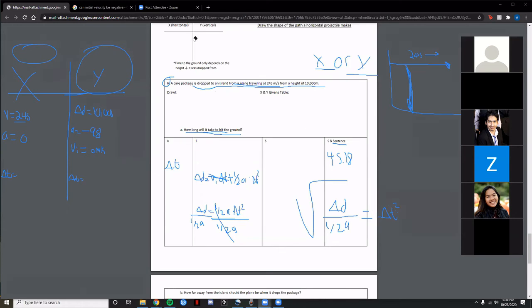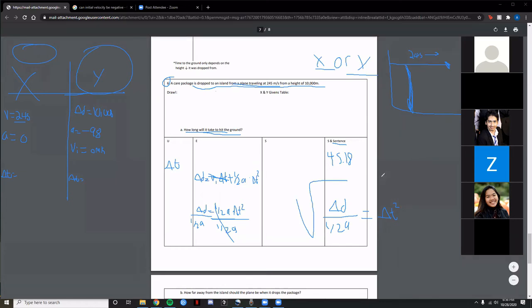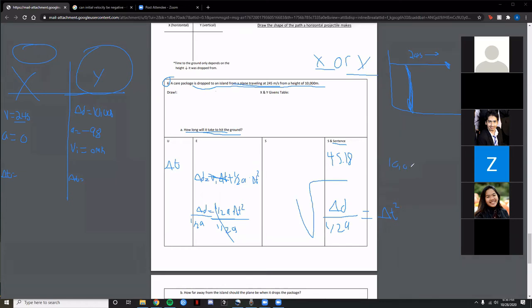So 10,000 over 1/2 of A. A is negative 9.8, so that's going to be negative 4.9. Y'all understand how I got negative 4.9? So 10,000 divided by negative 4.9 gives us negative 2040 point something.